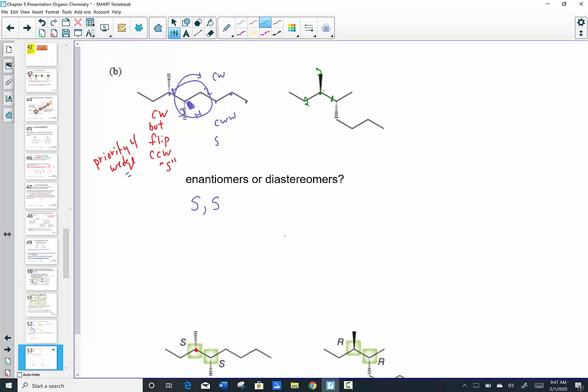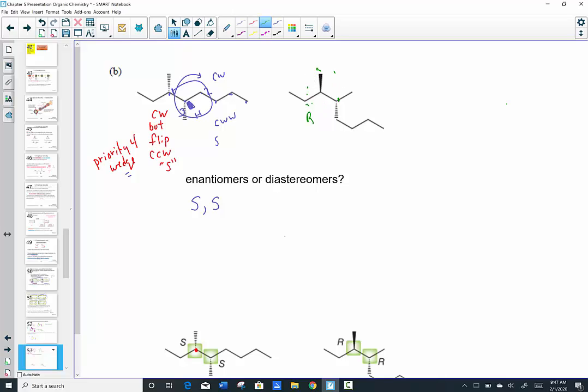It is spinning now. Remember, the hydrogen is in the back, which is what we want. And so when I spin with hydrogen in the back, we leave it as a clockwise spin. That is indeed an R configuration. Let's try for the next chiral carbon. That's this guy.